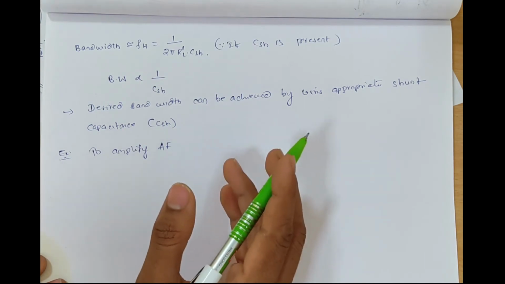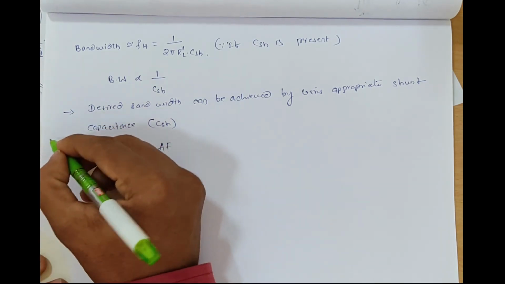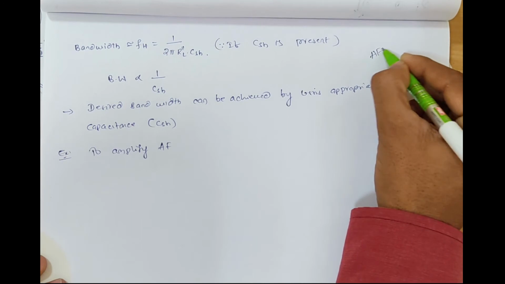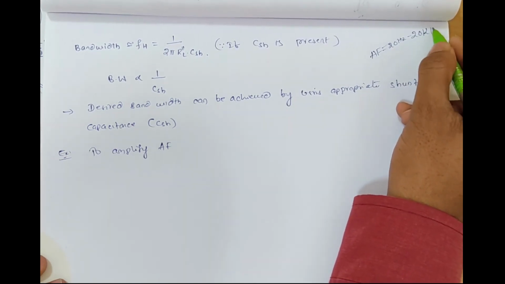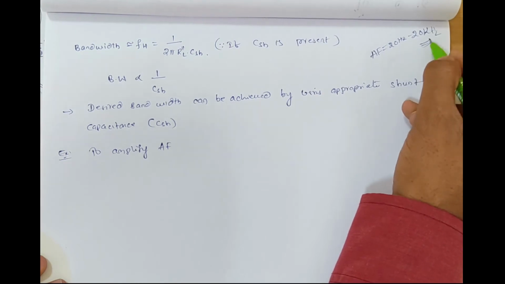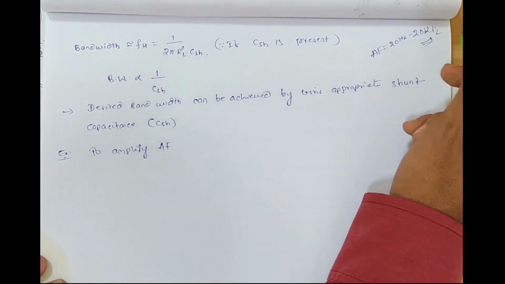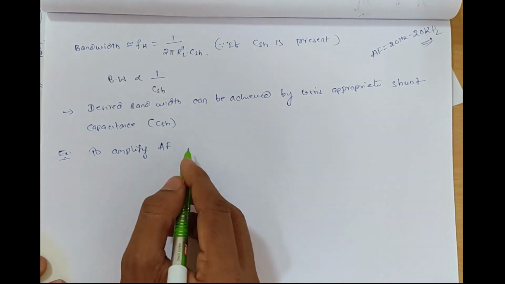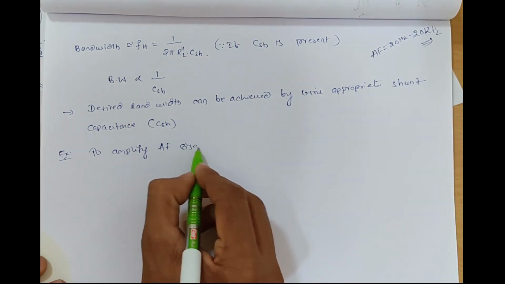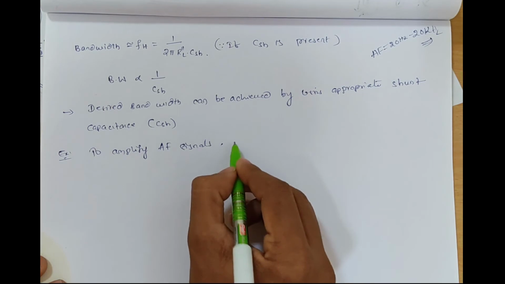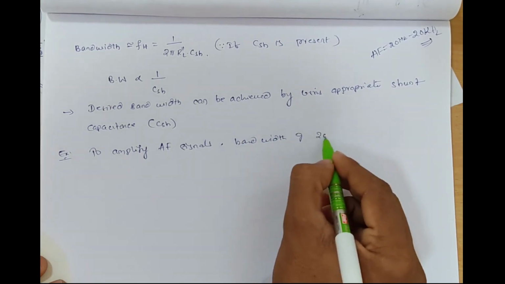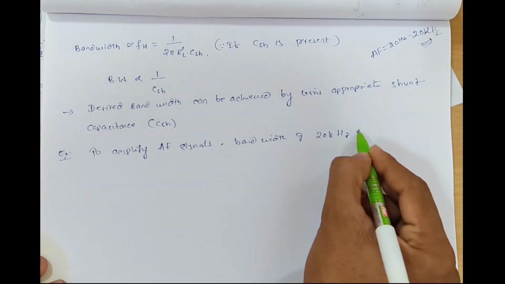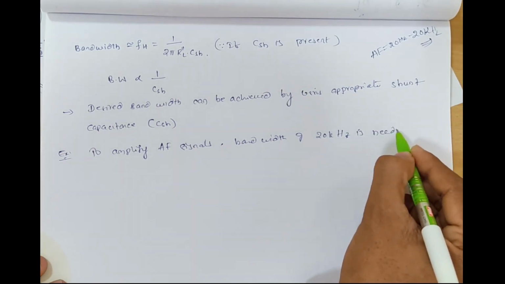So the audio frequency range is 20 Hz to 20 kHz, and that bandwidth can be, say, 20 kHz. So to amplify the audio frequency signals, a bandwidth of 20 kHz is required or needed.